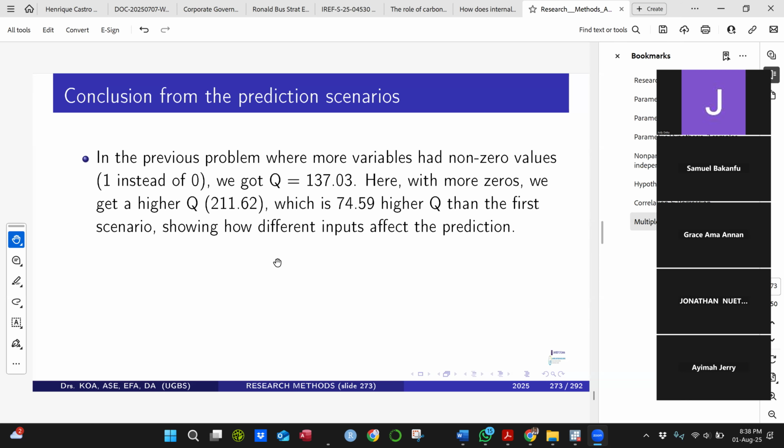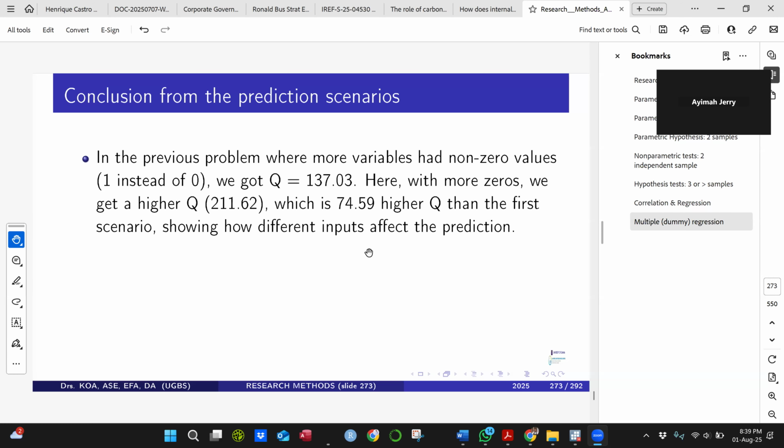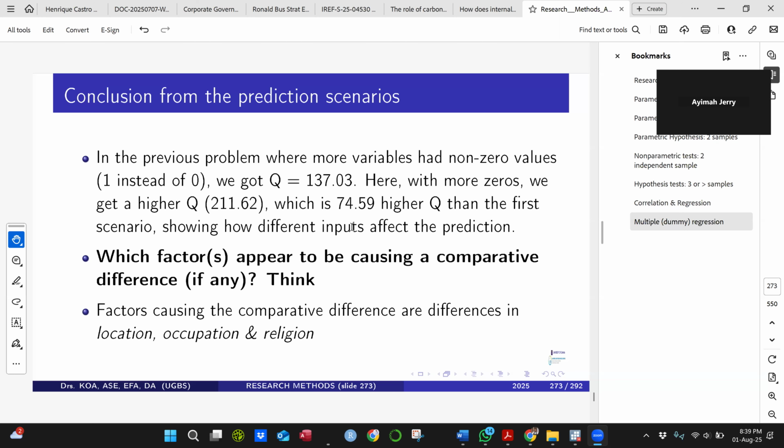Is it only religion? Jonathan. The religion, the location, and occupation. Exactly. 2 marks for you, Jonathan. Thank you, sir. The location and that of the occupation, because these are the factors that were changing between the two.